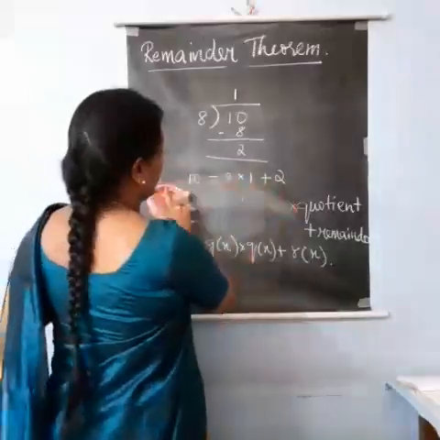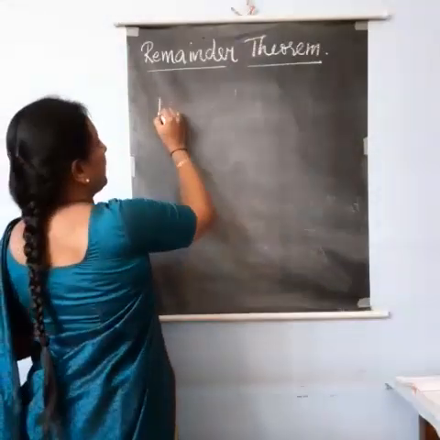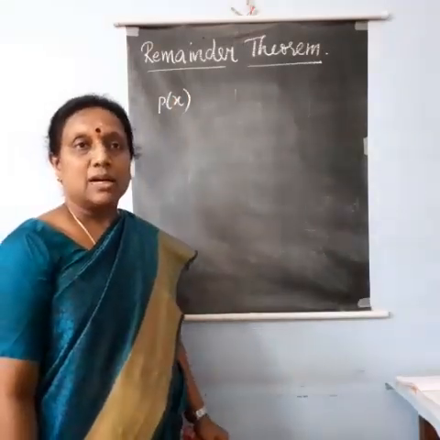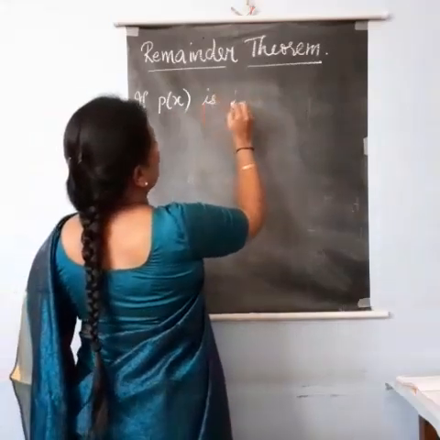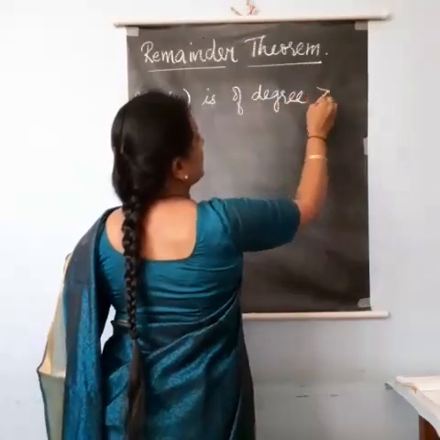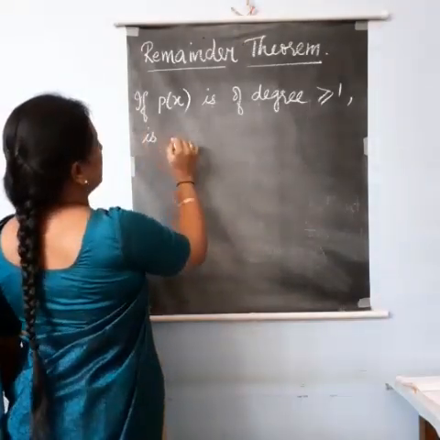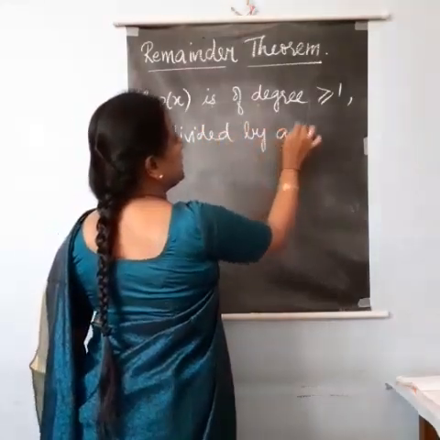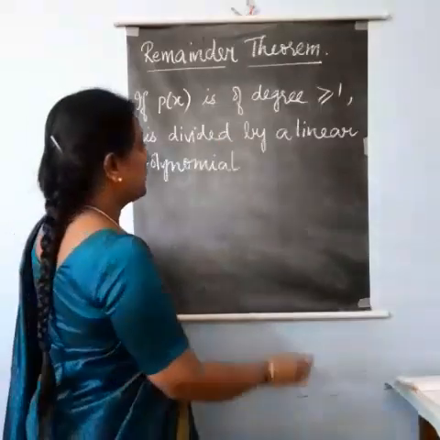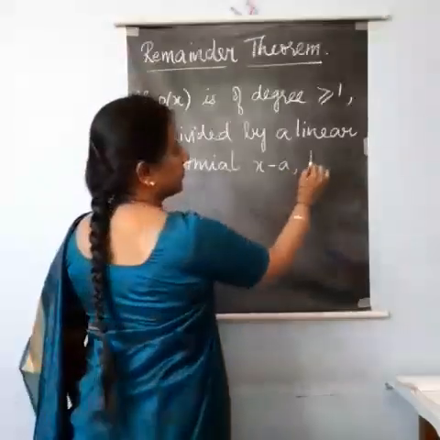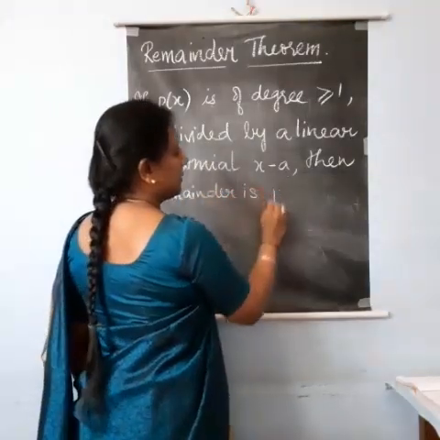Now for the remainder theorem, the definition is: if p of x is a polynomial with a degree which is greater than or equal to 1, and it is divided by a linear polynomial x minus a, then the remainder is p of a.